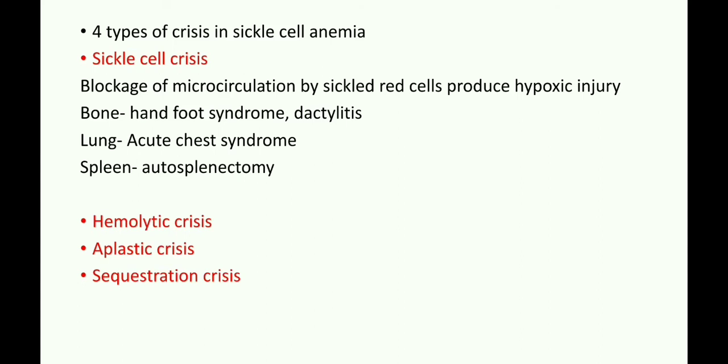In the lung, they can cause acute chest syndrome. In the spleen, when there is recurrent splenic infarction, they can cause autosplenectomy. In sickle cell anemia, autosplenectomy can happen due to the recurrent splenic infarction.